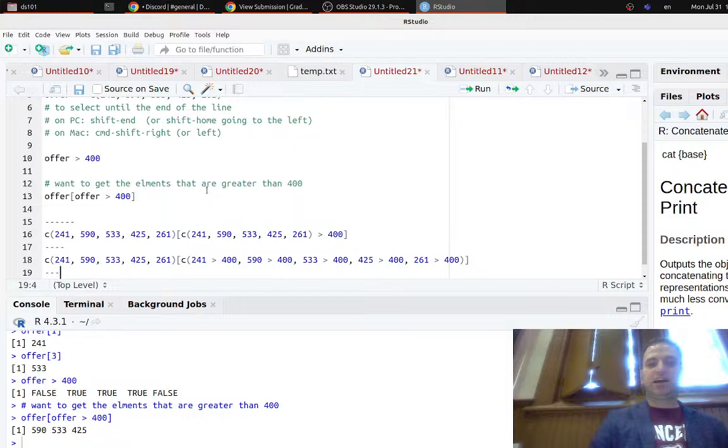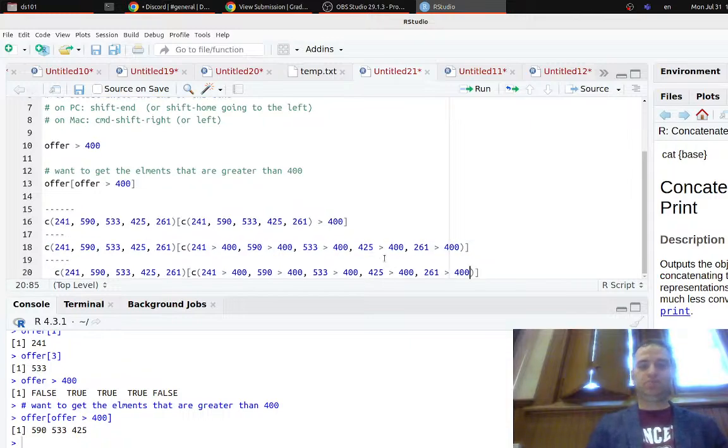The next time I got to actually evaluate this and this and this and this and this. So that would be false, and this would be true, and this would be true, and this would be true, and this would be false, because 261 is not greater than 400.